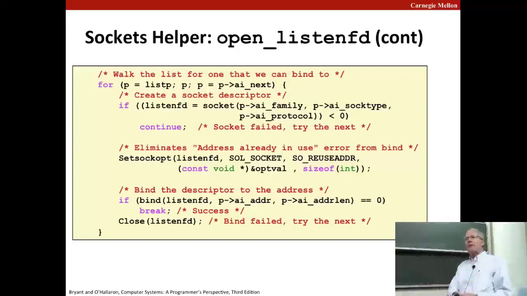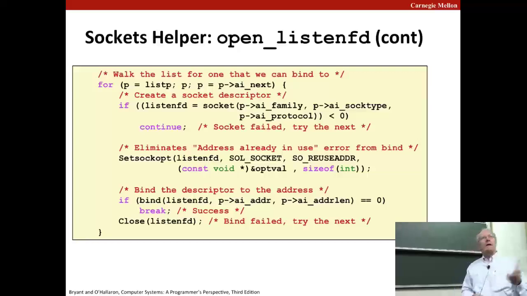Remember, port numbers are a resource that all the different applications on a single machine are sharing or competing for. And so this is requesting, I want to use this particular port number in setting up a server.